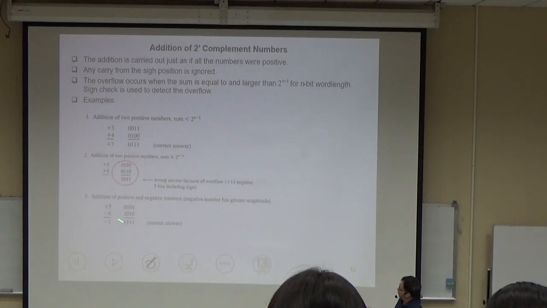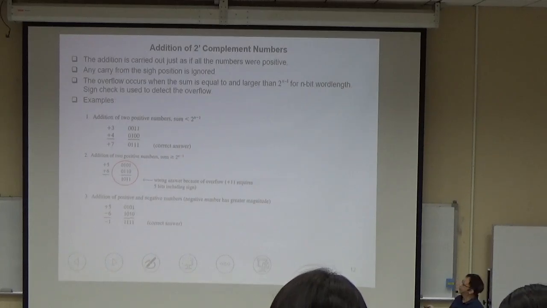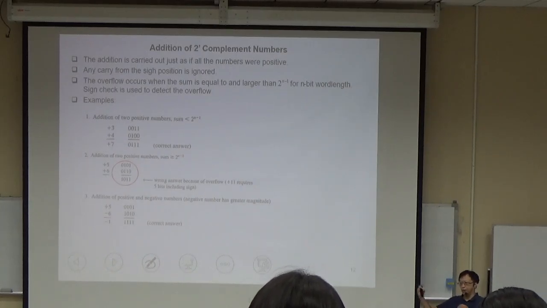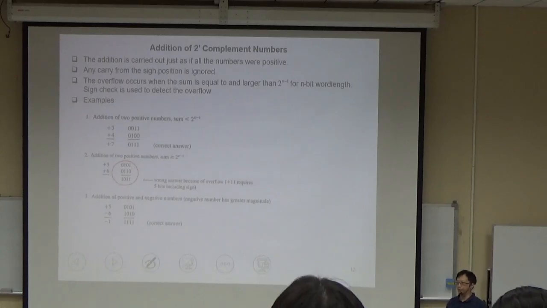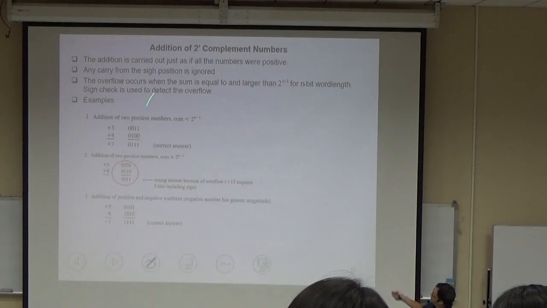So the next one, addition of positive and negative. The first rule tells you to just perform addition, just like with positive numbers. You see this case. This expression is 5, this expression is 6. You can check this for two's complement.